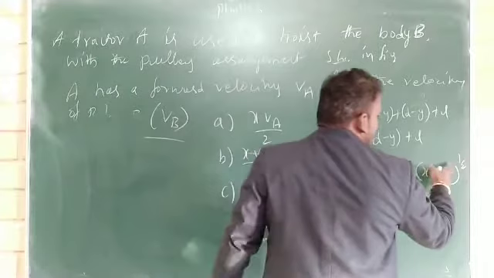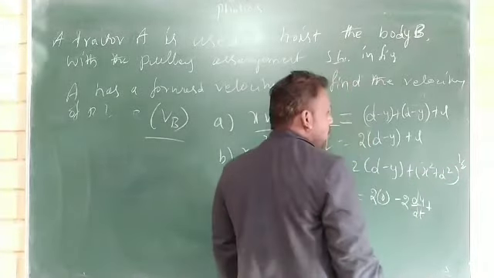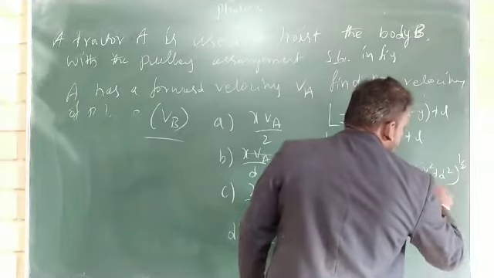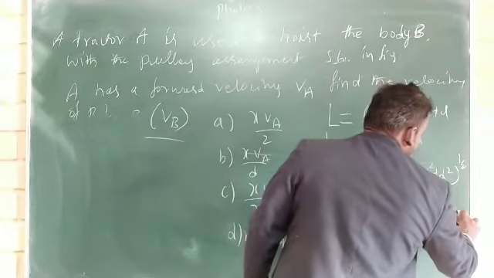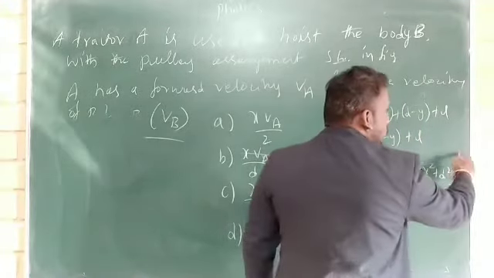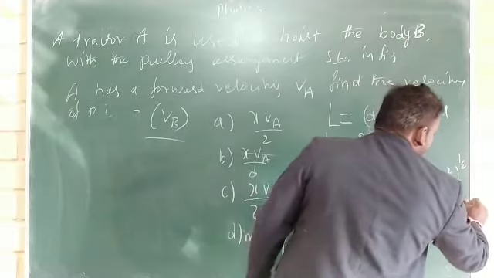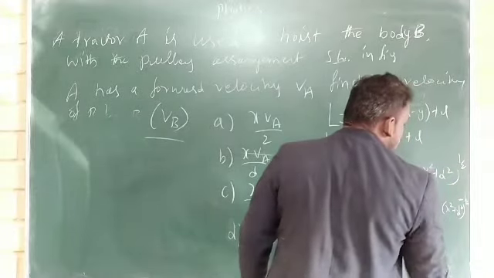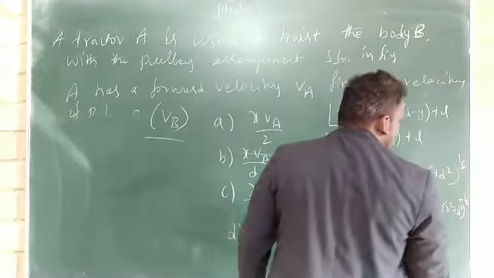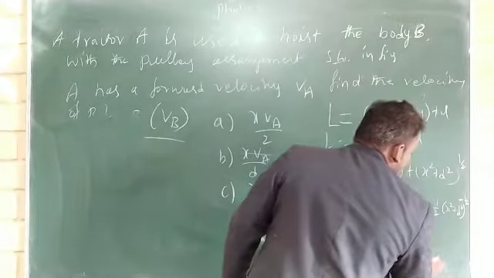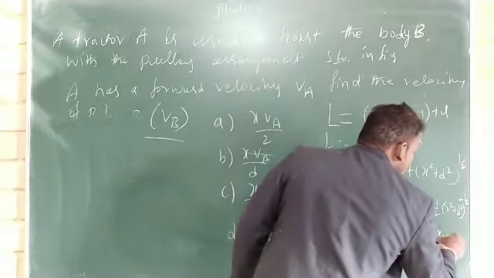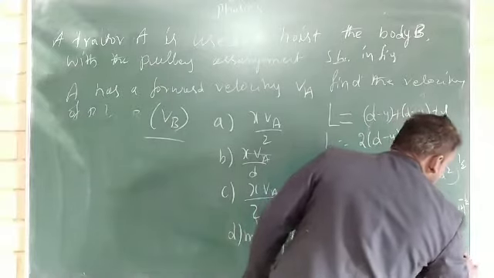Plus, here this whole term is a variable: 1 by 2 times x square plus d square whole to the power of 1 by 2 minus 1, which is minus 1 by 2, into the differentiation of the inside. d square is constant so it becomes 0, and the differentiation of x square is 2x into dx by dt.